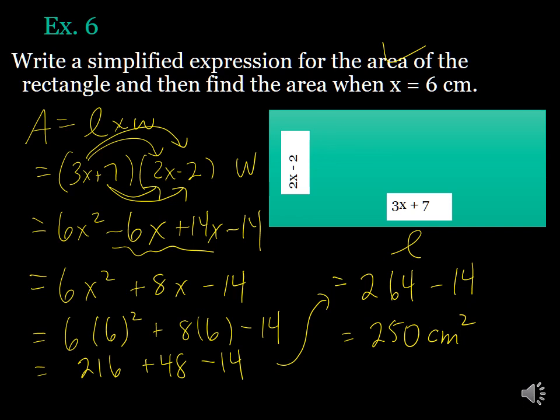And so we have successfully come up with our simplified expression, and we just figured out what the area was when x equals 6 centimeters. 250, and then don't forget for area, centimeters squared. Definitely not too bad in terms of word problems.